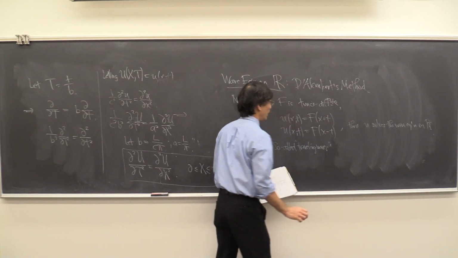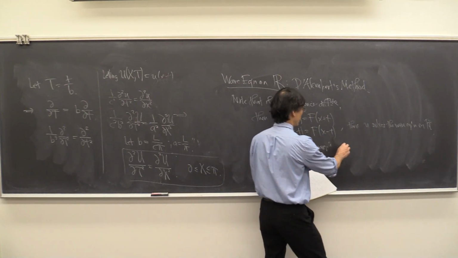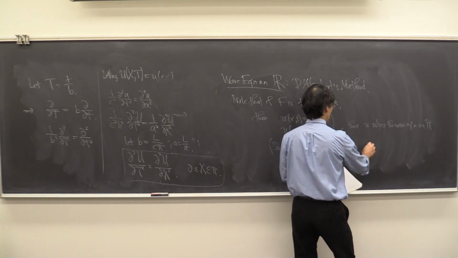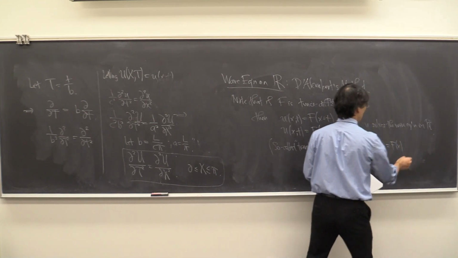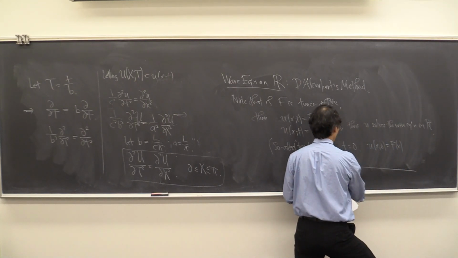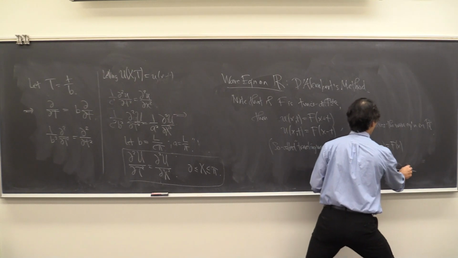Traveling waves, because at time 0, when t equals 0, u of x, 0 is just going to be f of x, right? So you have some initial thing.